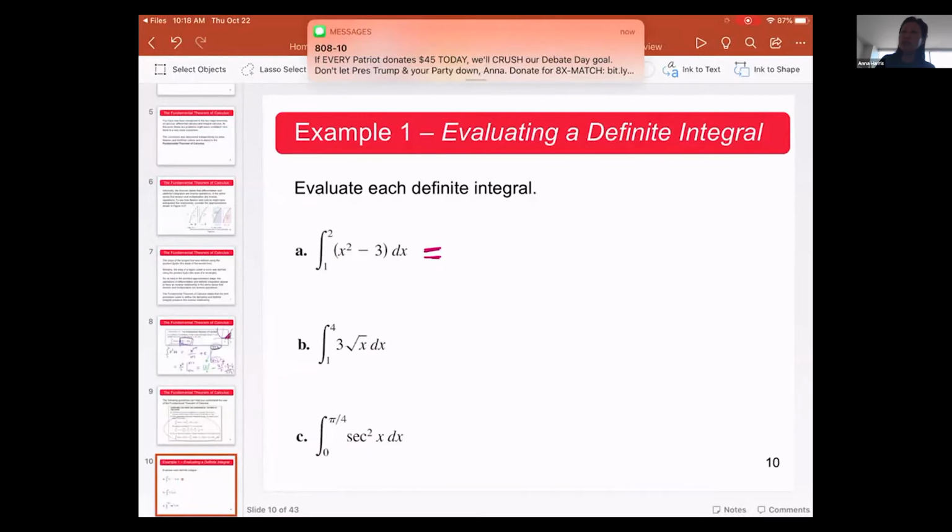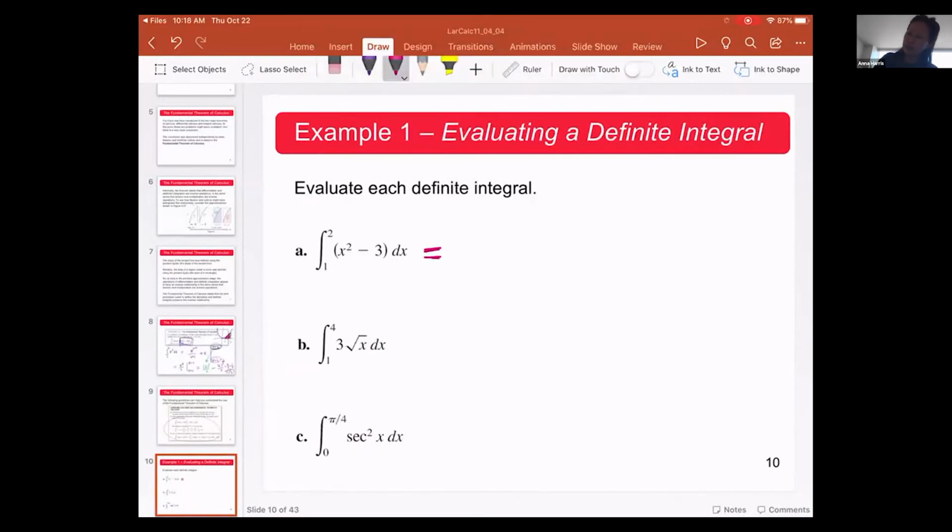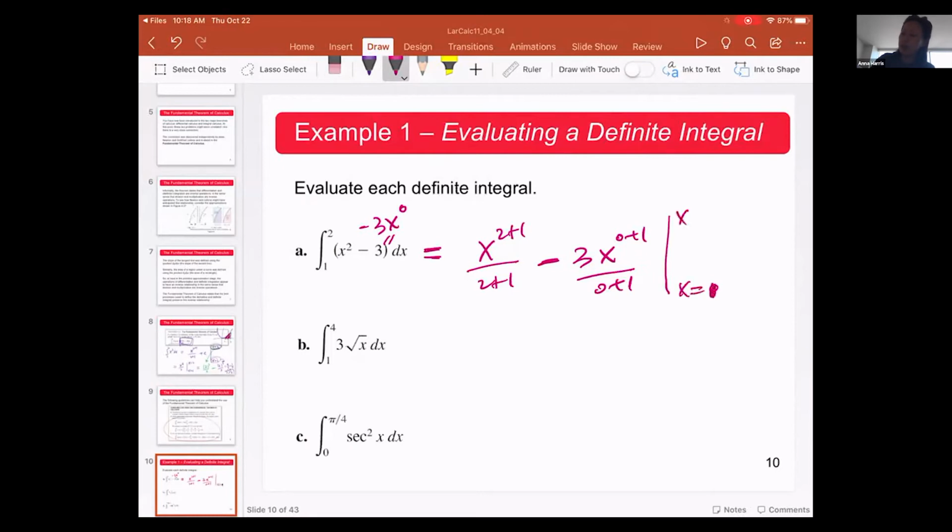The antiderivative of this is x to the 2 plus 1 divided by 2 plus 1, minus 3 x to the 0 plus 1 over 0 plus 1, because this 3 is the same as 3 x to the 0. They're equivalent. I'm going to evaluate from x equal to 1 to x equal to 2.